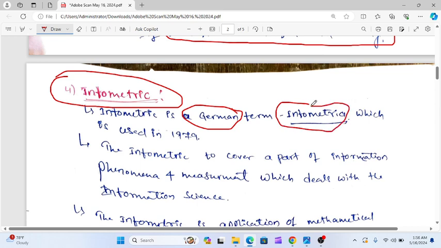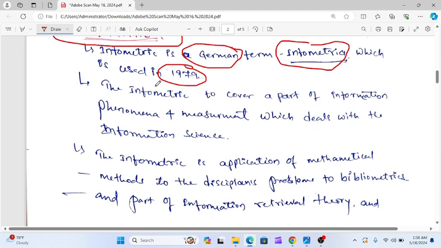Informetria, which was used in 1979. Keep in mind, informetrics is a German word, informetria, used in 1979. Informetrics covers a part of information phenomena and measurement, which deals with information science.